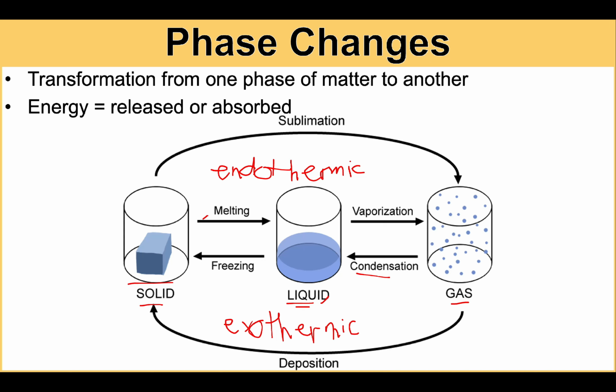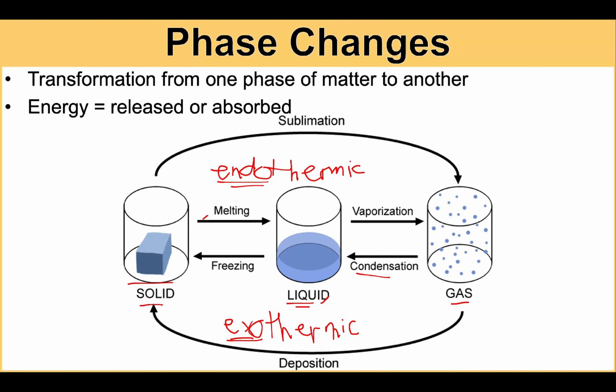To easily memorize this, just remember exo, external; endo, internal. So for exo, the heat is going outside; for endo, the heat is going inside, or the heat is absorbed. All the processes going to the left are exothermic processes.